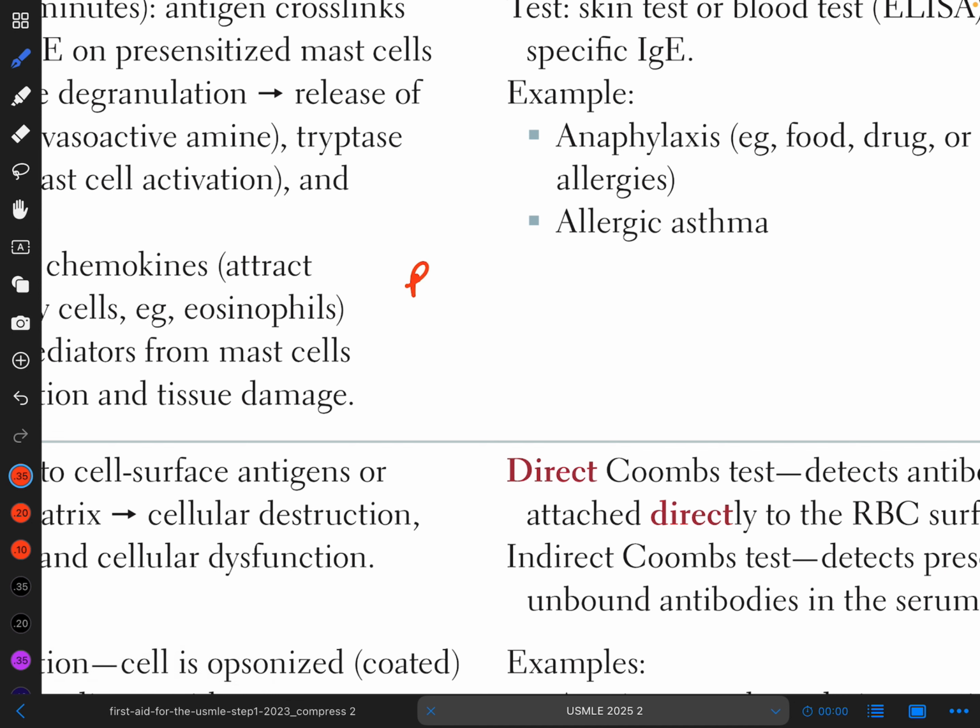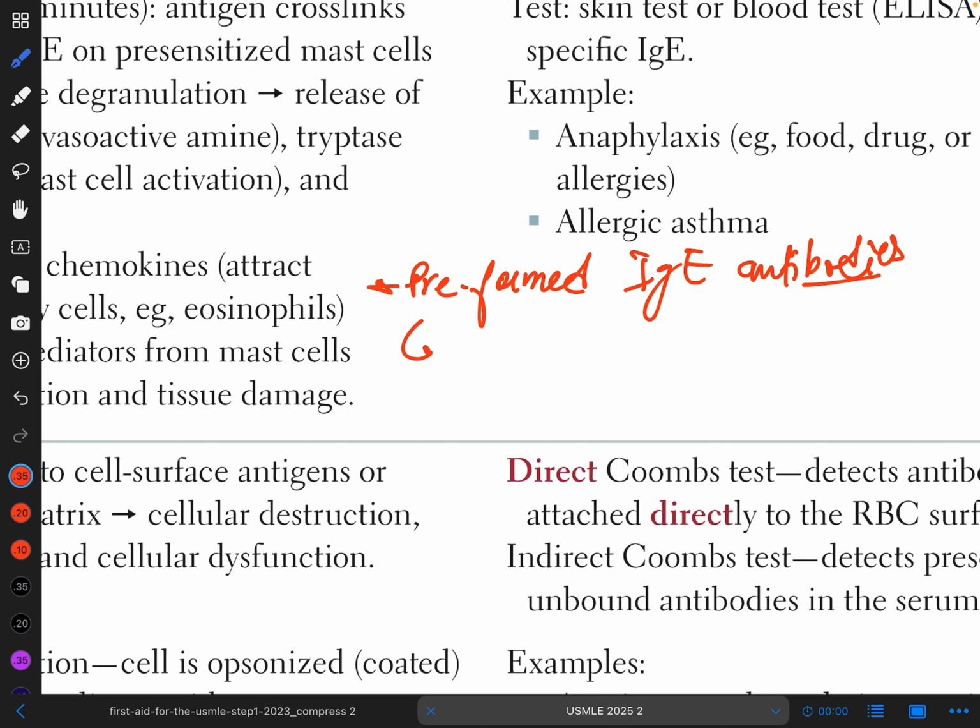They have preformed IgE antibodies. Due to the primary exposure, the antibody is bound to mast cells. When the antigen binds and cross-links IgE on the mast cells, mast cell degranulation occurs. Susceptible individuals make IgE to antigens.